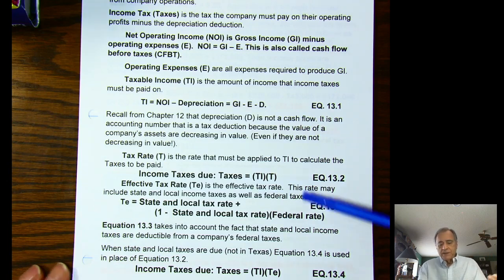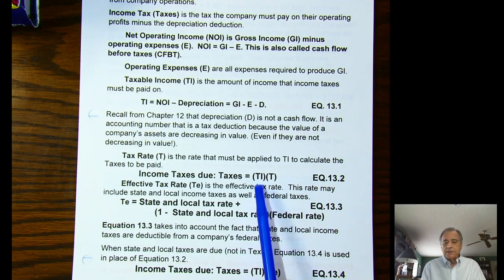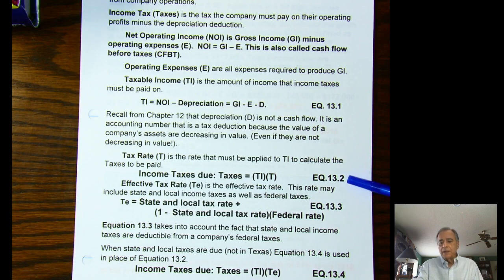Normally you'll be given the tax rate, and so you just have to apply it to the taxable income. So equations 2 and 4 are essentially the same equation, and the way you get to the effective tax rate if you have state and local income taxes is through equation 13.3.